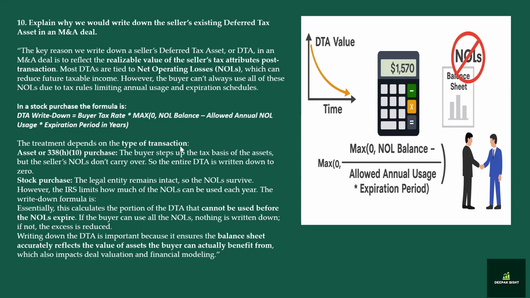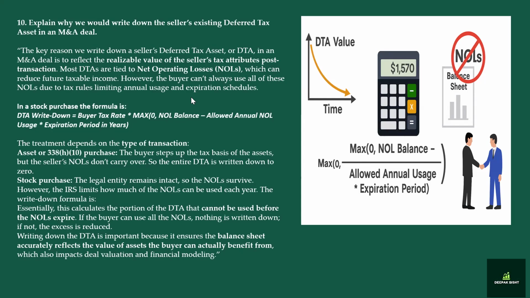Now understand this. A merger and acquisition creates a problem for deferred tax assets, because when one company acquires another, we must ask: can the buyer actually use those tax benefits? The answer depends heavily on the type of acquisition structure, whether it's a stock purchase or an asset purchase, and the tax law limits using net operating losses.